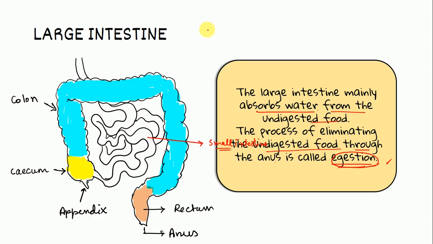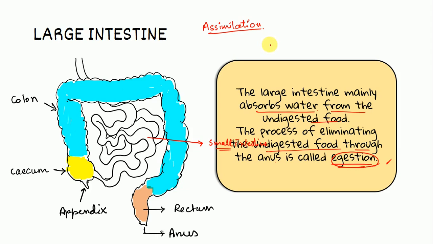Also there is one more term which is called assimilation. What do we mean by assimilation? We have studied the digestion of all the nutrients, beginning from carbohydrates, proteins and fats.